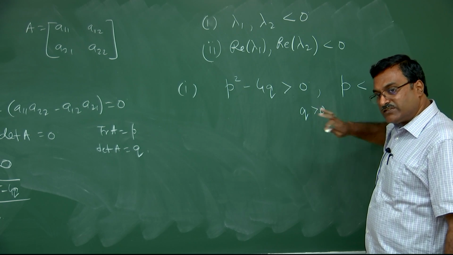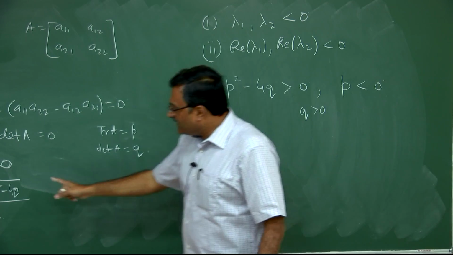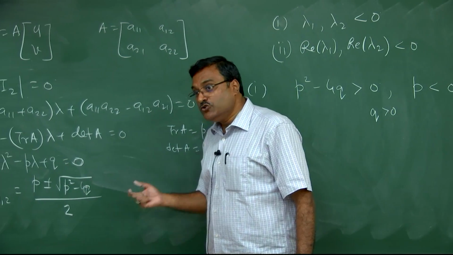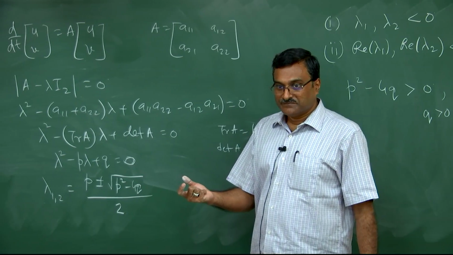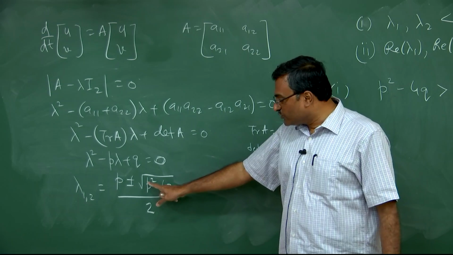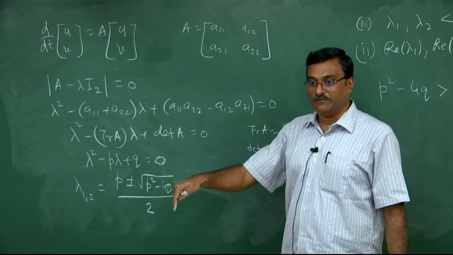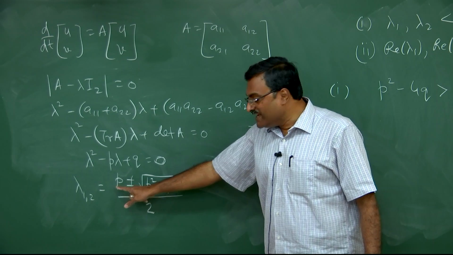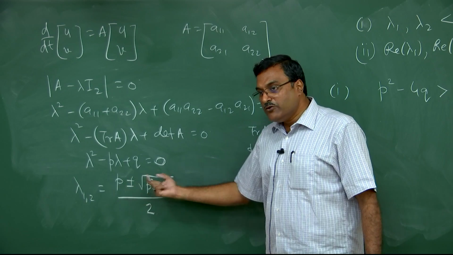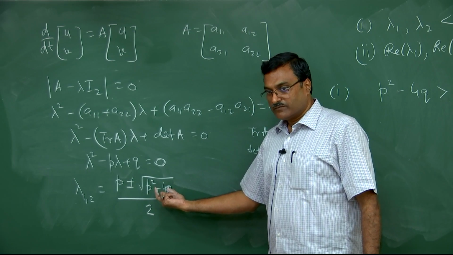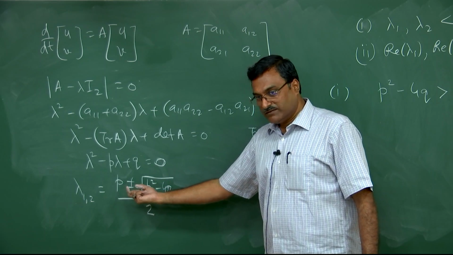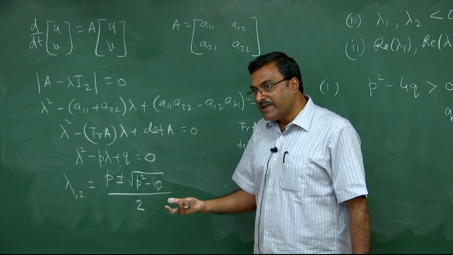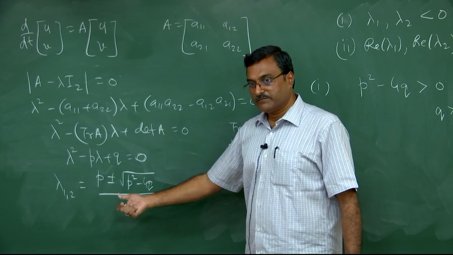So just try to convince yourself that this quantity, root over P square minus 4Q, has magnitude less than P's magnitude, because it is P square minus 4Q with Q positive. Your P is already negative, so whenever you add a quantity with magnitude less than P, the resulting quantity is negative, and P minus this quantity is clearly negative, so both the roots are negative.